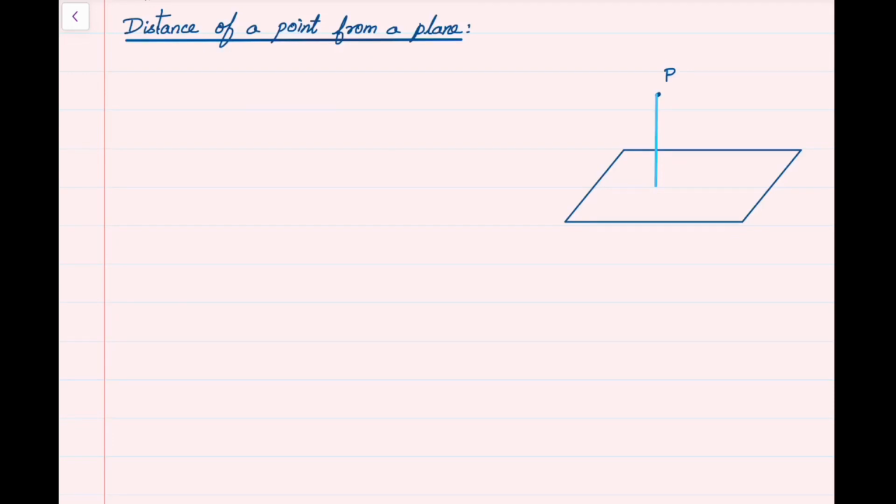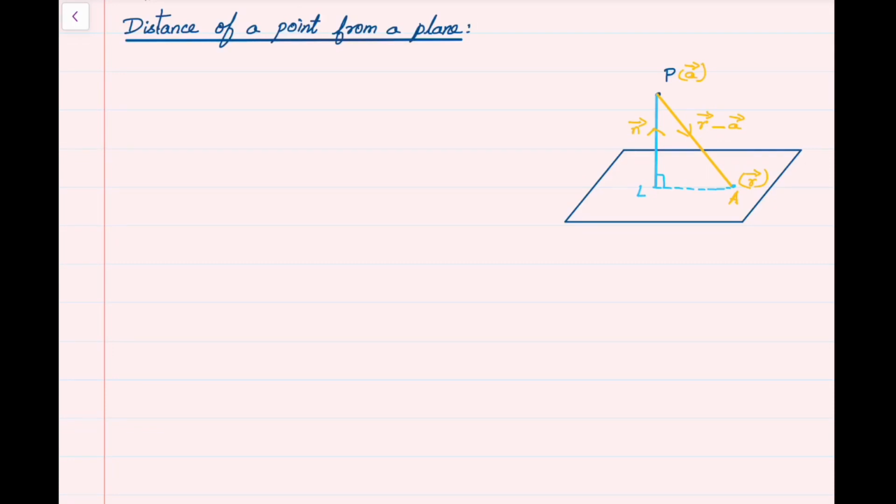Let us consider an arbitrary point on the plane whose position vector is vector R. Let us join P and this point, and foot of the perpendicular be L. Let us join LA. Vector PA is vector R minus vector A, where position vector of the point P is vector A, and we can take normal of the plane along PL.